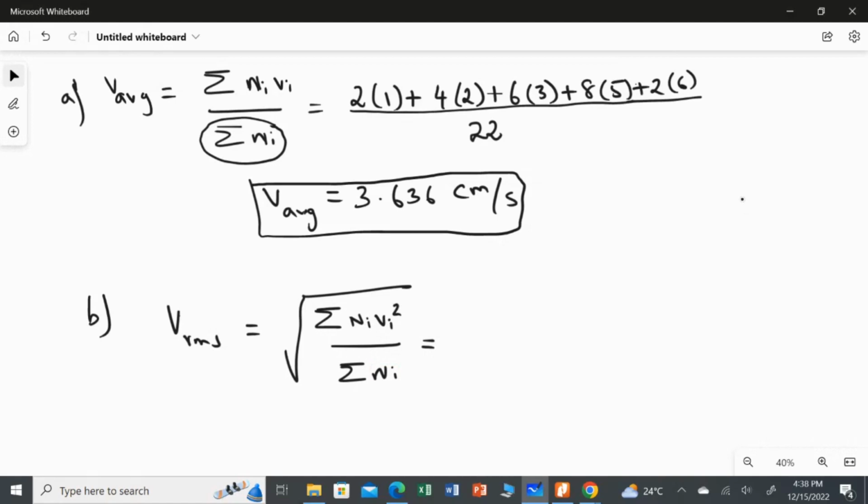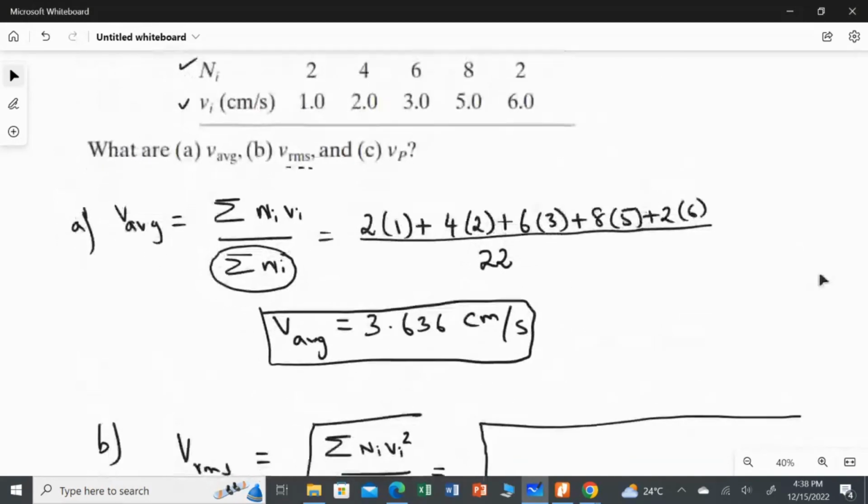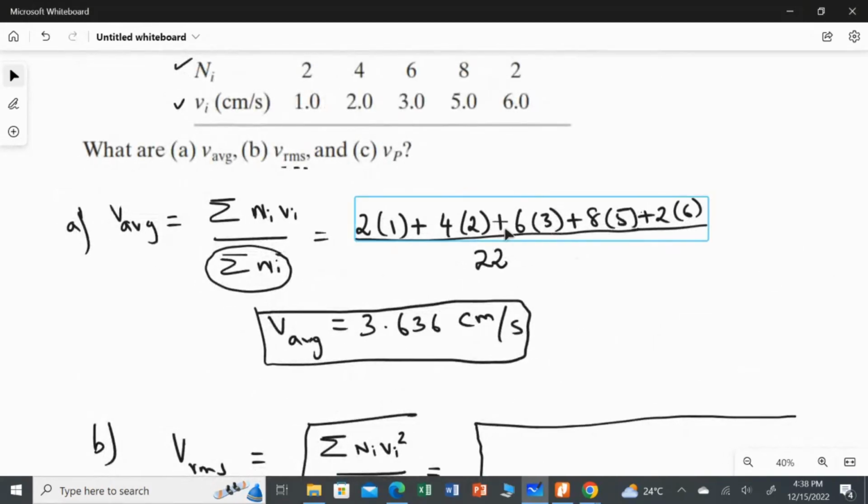Now I am going to apply the rule here. Better I take the data from the table, because otherwise I have to move up and down. So 2 has 1, 4 has 2, and 6 has 3.